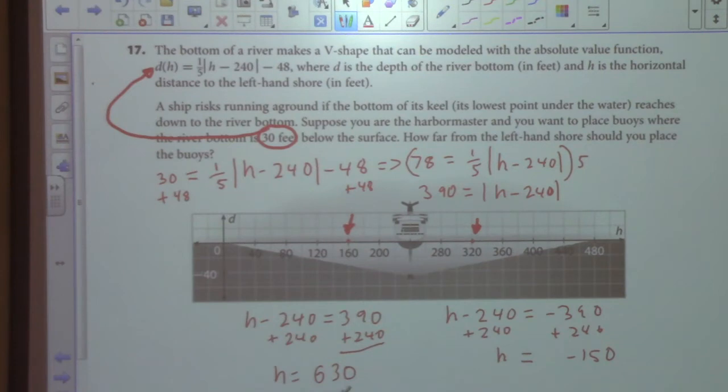Now, do these answers look like good answers? Randy gave us these, yet we come up with these down here. Do they look like reasonable answers? No, you got a negative. They do not. 630 is way over here someplace, and negative 150 is back over here someplace.